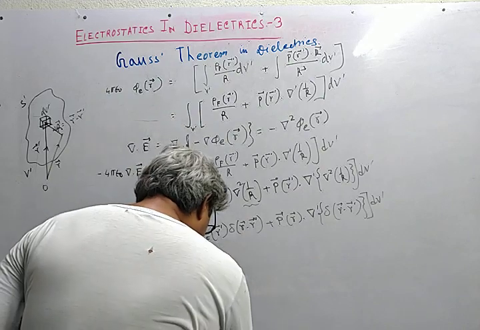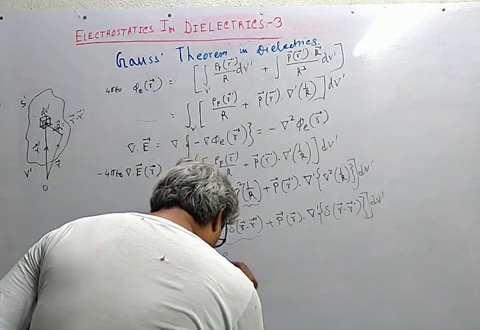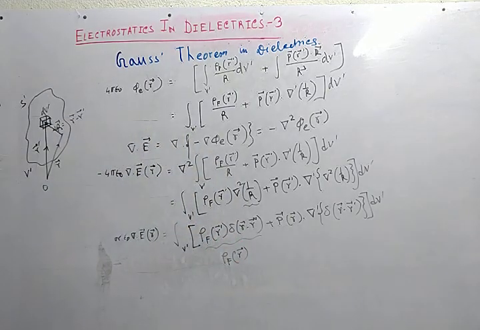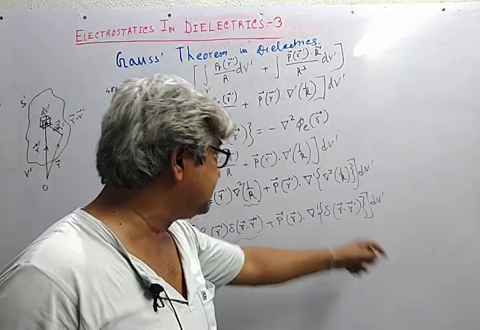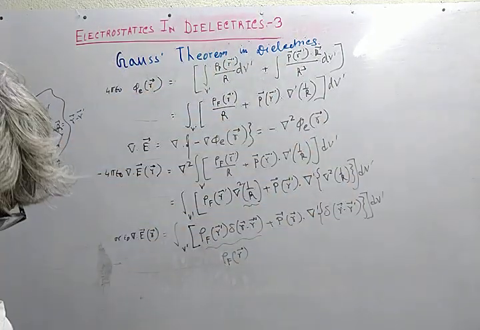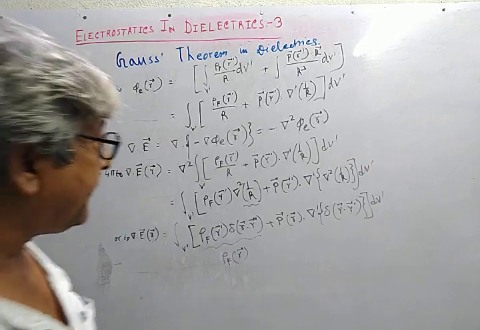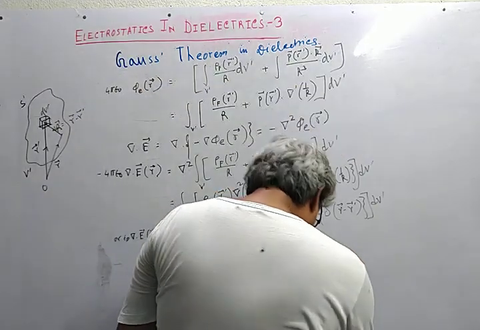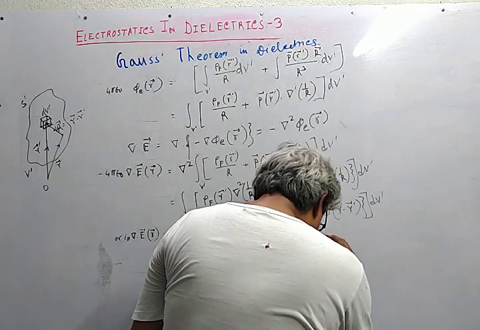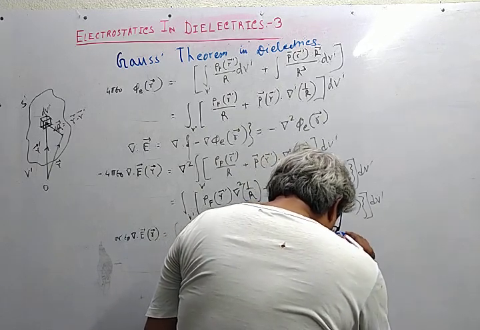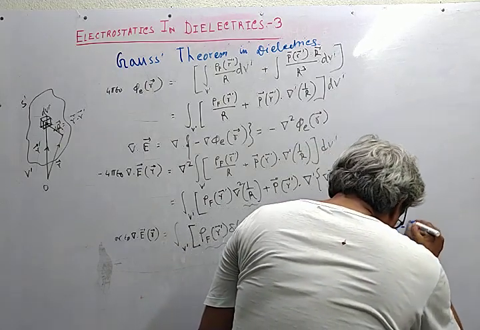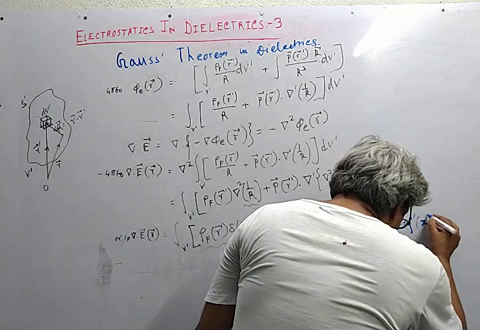This part on integration readily gives you rho f at r, the free charge density at r, but the second term is a bit complicated. If we recall the properties of the delta function, that is, the integration of f of x prime times delta prime of x minus x prime dx prime is minus f prime of x.